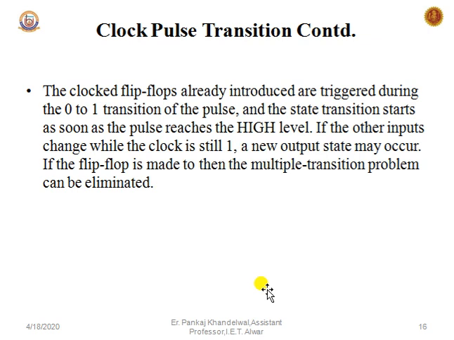The clocked flip-flops already introduced are triggered during the 0 to 1 transition of the pulse, and the state transition starts as soon as the pulse reaches the high level. If the other inputs change while the clock is still 1, a new output state may occur. If the flip-flop is made edge triggered, then the multiple transition problem can be eliminated.